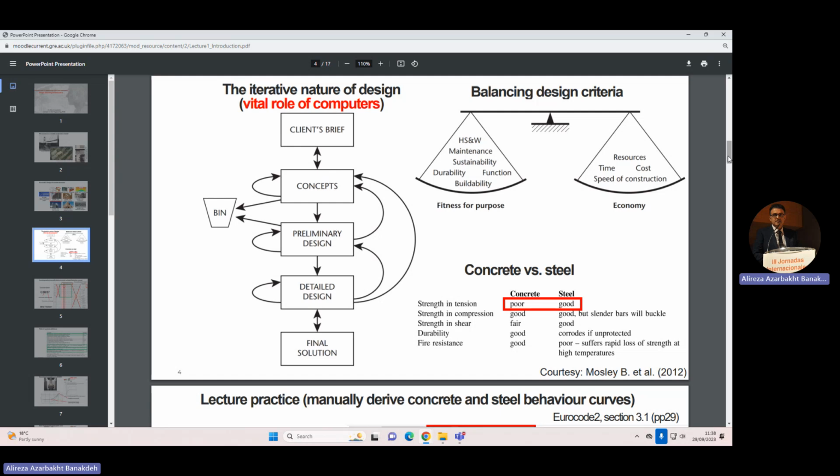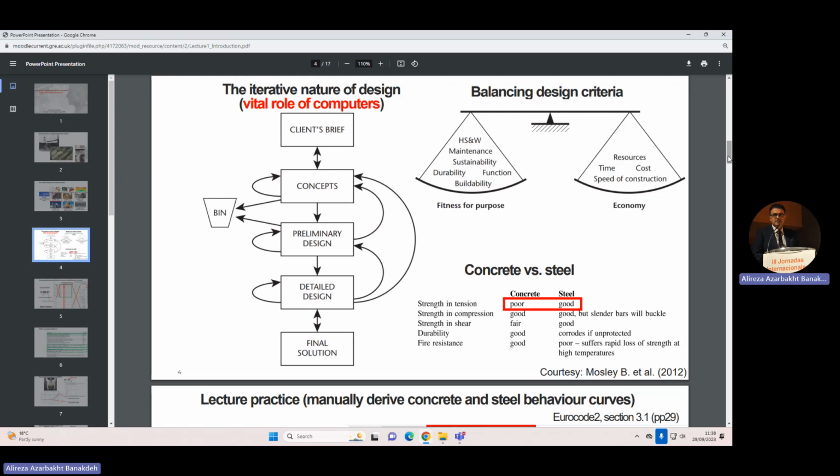When we talk about strength in tension, concrete is poor and steel is good, okay? Every point in your life, when you see something bad and good, you can think of bringing disaster to opportunity. Bad and good, disaster to opportunity, right? You have seen this terminology in social science, etc. It's not an exception here.